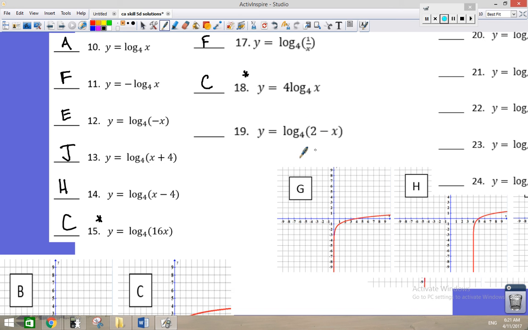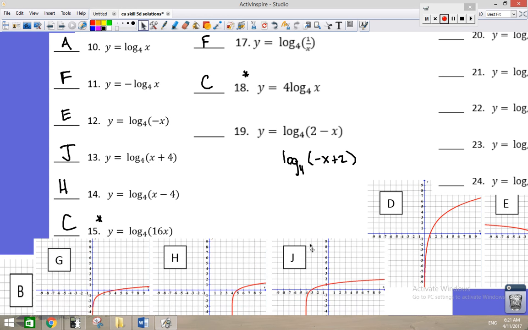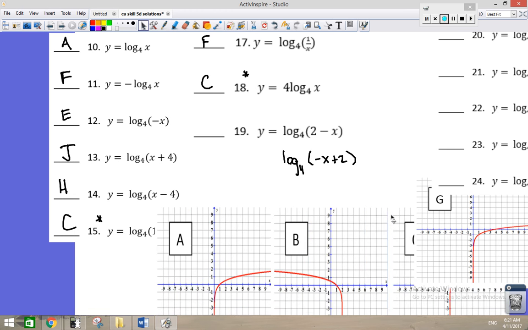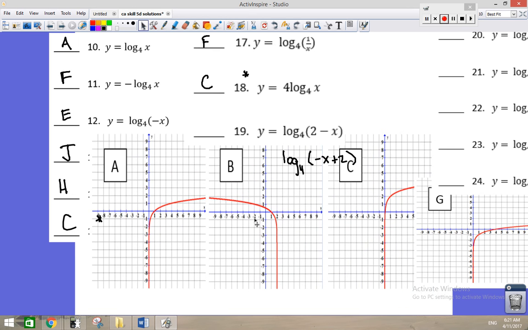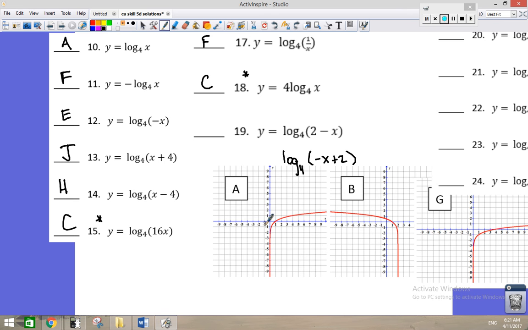Alright, so here this has two transformations. You might want to rewrite this as log base 4 of negative x plus 2, because this has been shifted to the left 2 units and then reflected across the y-axis. So let's move these graphs over. If we take the graph of A and we move it to the left 2 units, it'll look something like this. And then if we reflect that across the y-axis, it's going to look something like this.